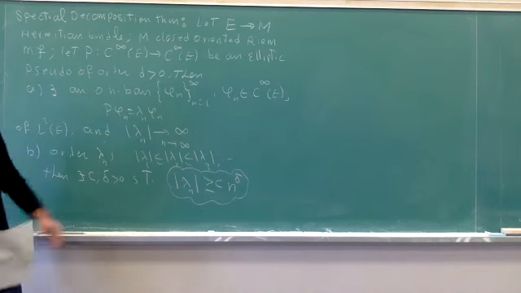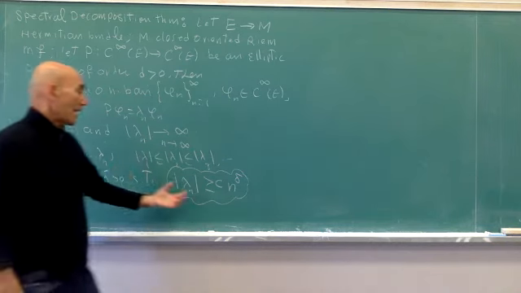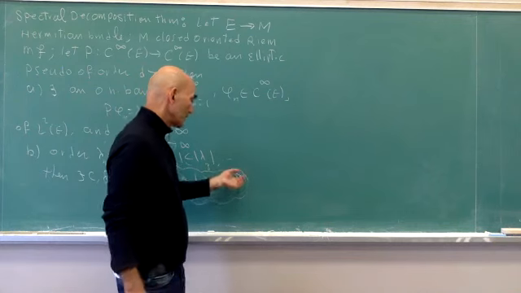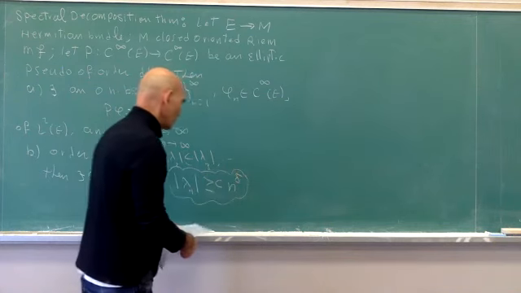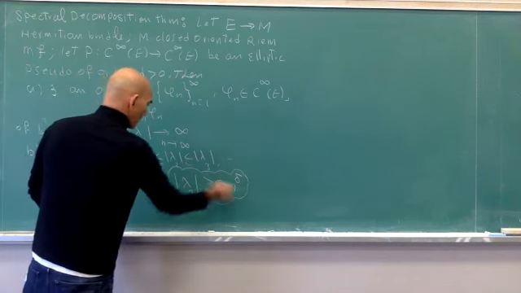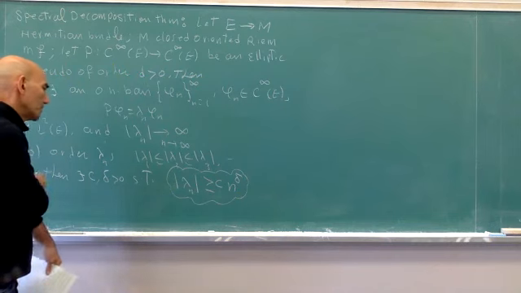So not only do these go to infinity, in fact they go to infinity with at least some polynomial growth. I'm not saying delta is an integer. This is a very important initial estimate for us.